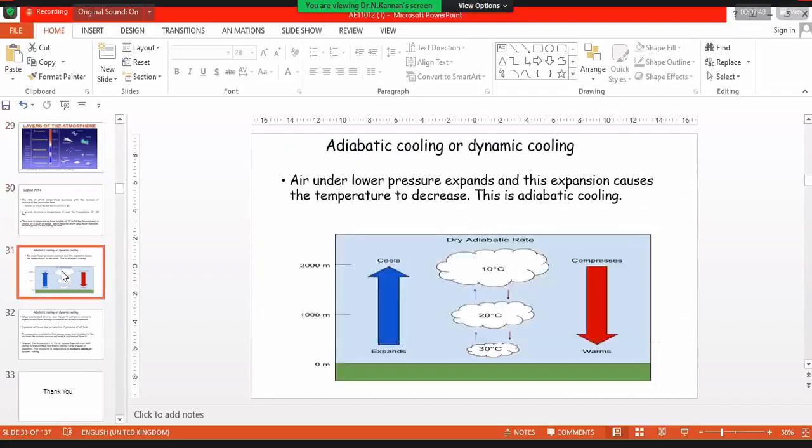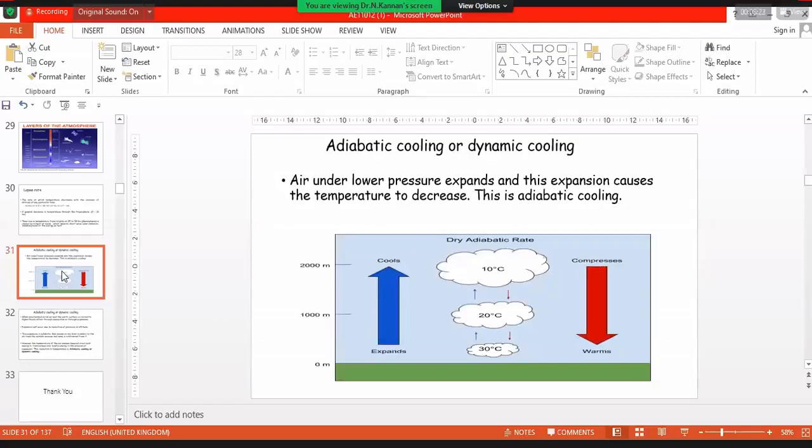Then, of course, we will talk about adiabatic cooling. This is also very, very important. You can change the temperature from one point to another point, but there is no heat loss between an object and its surrounding environment. If you have that scenario, that is called an adiabatic process. Isothermal is very different; we will discuss that later.